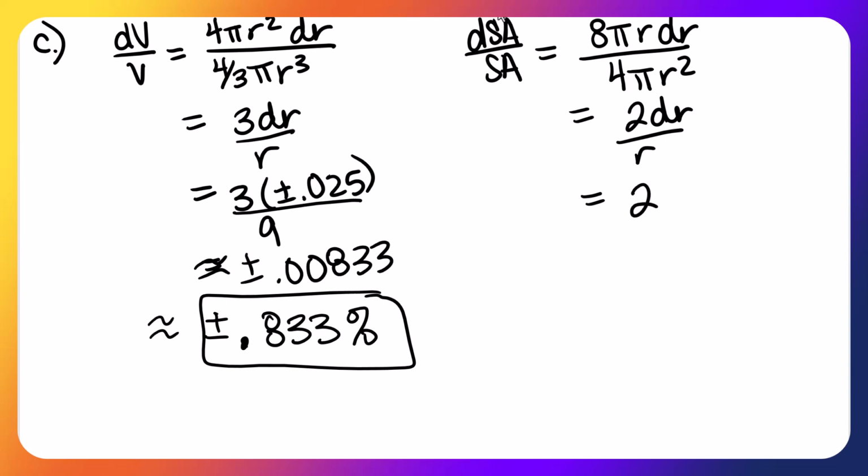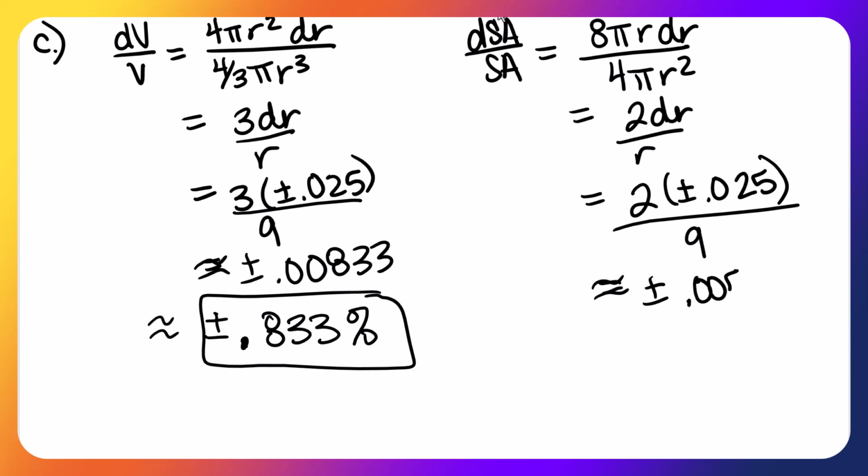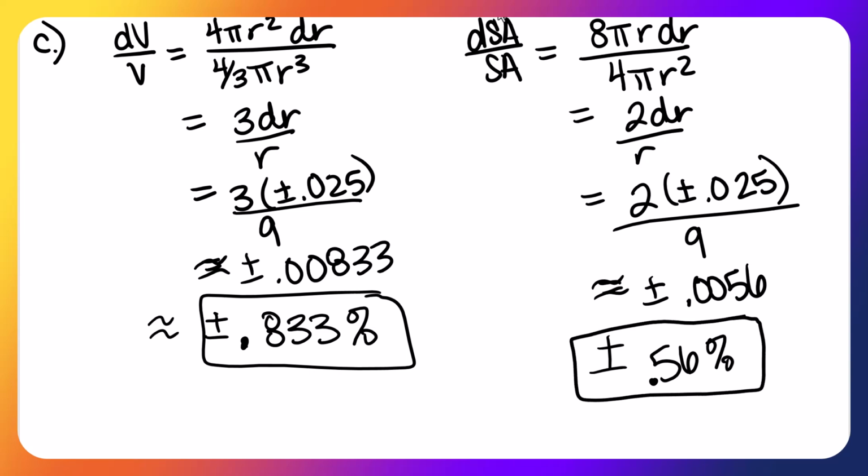So that would give me, again, plugging in that 0.025, the plus or minus for dr, and 9 for r, about plus or minus 0.0056, or again, moving the decimal spot twice, a 0.56% possible error for surface area.